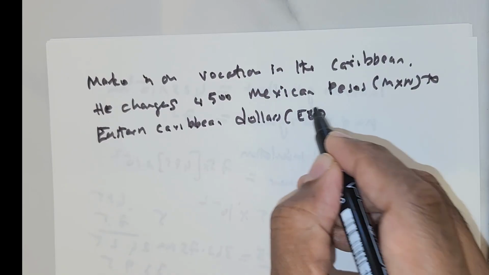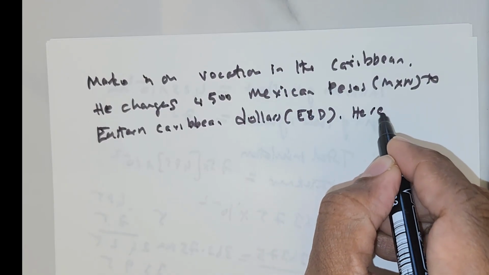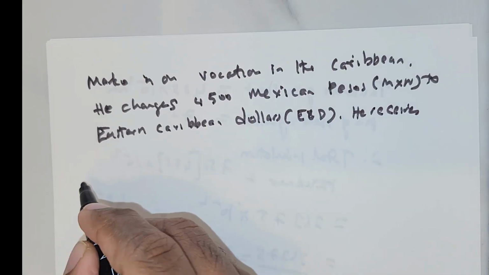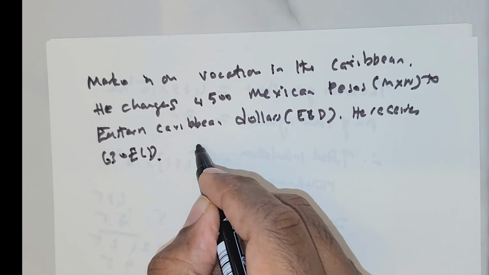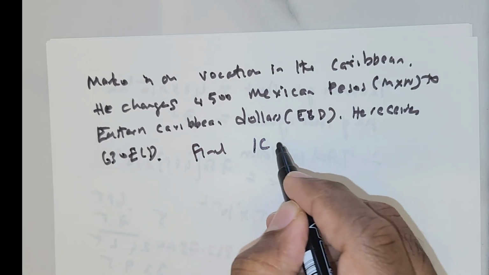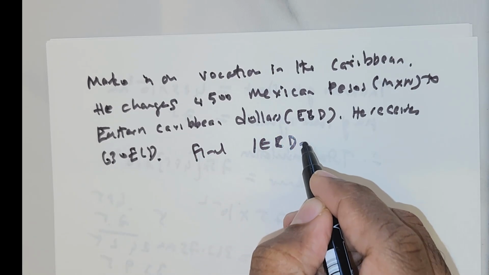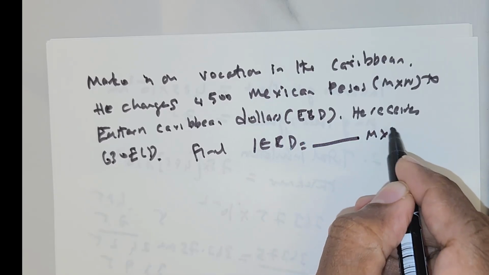He receives $630 ECD. Now what we have to do is find the rate of 1 ECD in Mexican pesos.